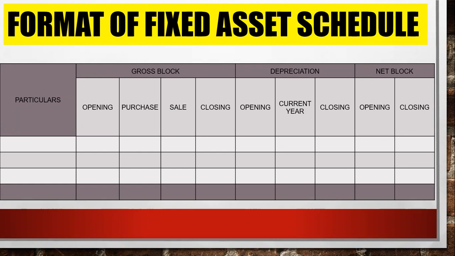Depreciation is the reduction of the original cost of the asset because of wear and tear. Net block is what you get after deducting depreciation from gross block, the original cost. So this is the format.